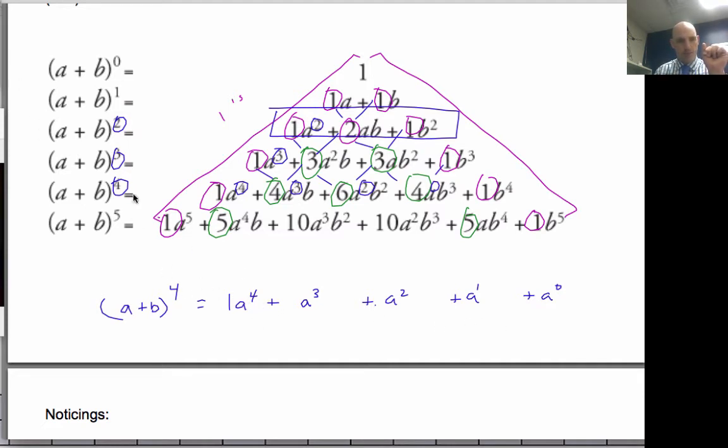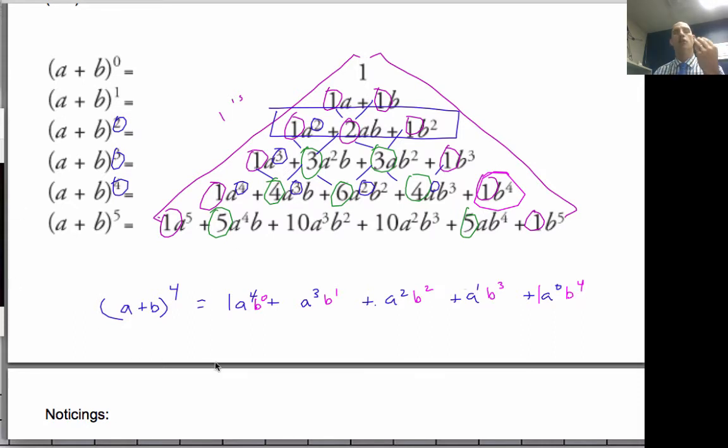In my first one, I've got b to the 0, right? A to the fourth plus b to the 0 is a to the fourth. Well, then my b steps up, b squared, b to the third, b to the fourth. And at the end, 1a to the 0, b to the fourth.